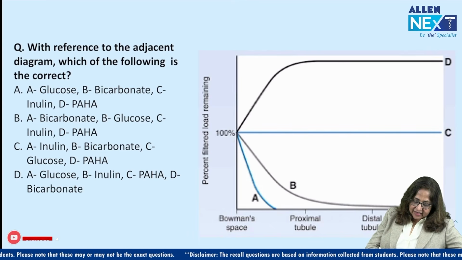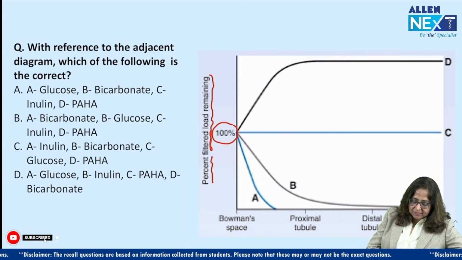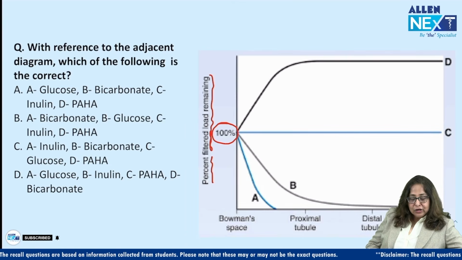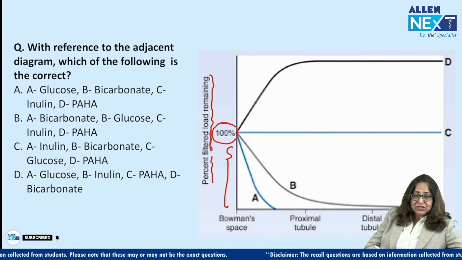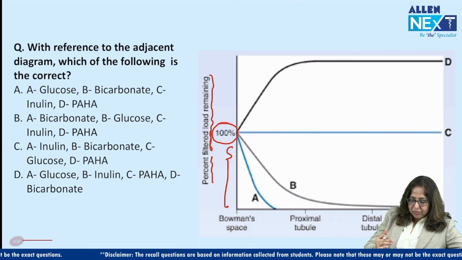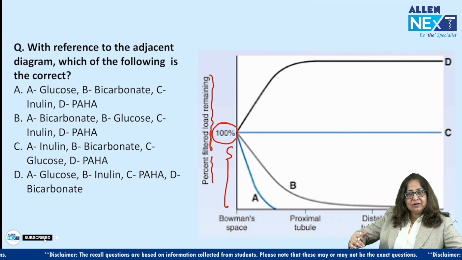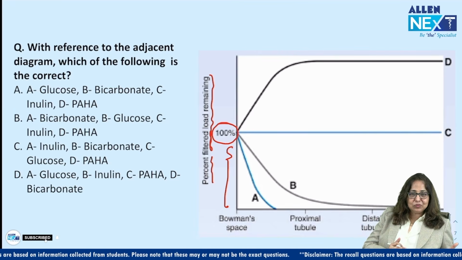The y-axis here has percent filtered load remaining, and 100% is here. So for substances A and B, if the filtered load was 100%, as it moves along the nephron the filtered load is decreasing. In other words, they are being reabsorbed.